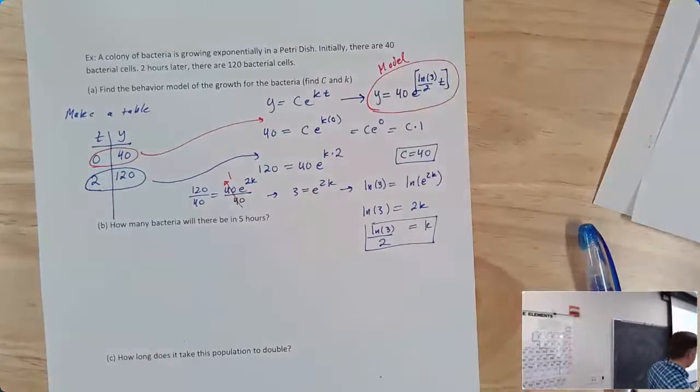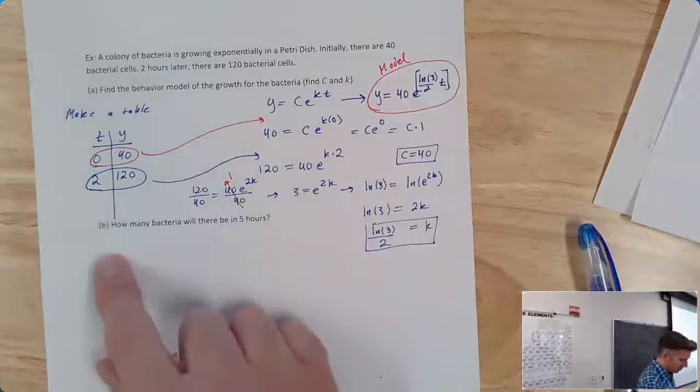C and K found. So whenever anyone is asking you to do something with an exponential growth or decay sort of problem, usually the first things you have to do are find C and find K and get the actual full-fledged model before you can answer any questions they're asking you. So great, now we've done that.